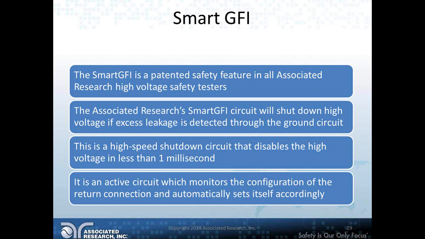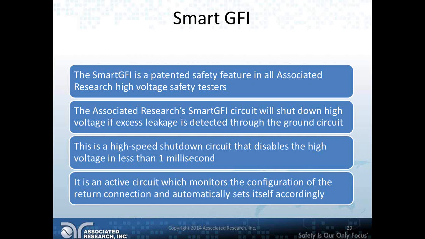Now, it is important to note that even though the Smart GFI is disabled in grounded return mode, it is most likely because the device under test case is grounded.